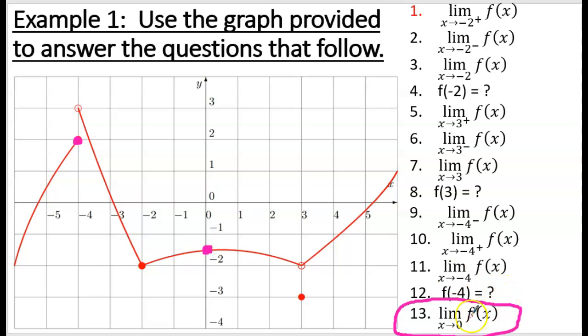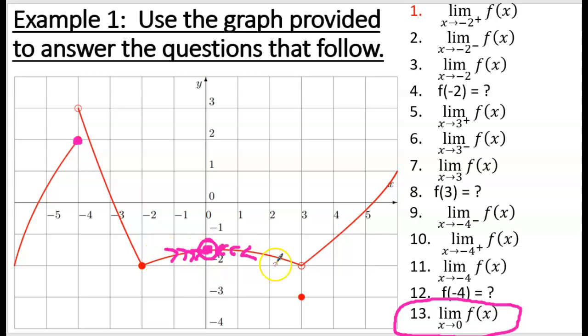But you'll notice I didn't put a plus or a minus, so what do we do? Well, if there's no plus or minus, that means they want you to come from both directions. They want you to come from the left, and they want you to come from the right. And if they meet at the same spot, which they do, they want you to say what the y value is.